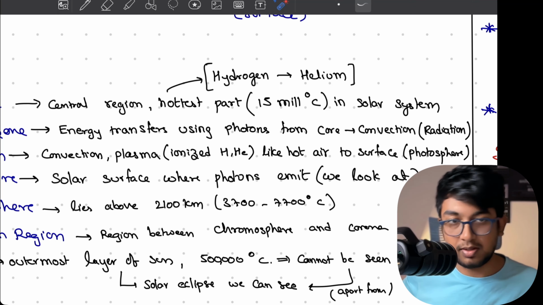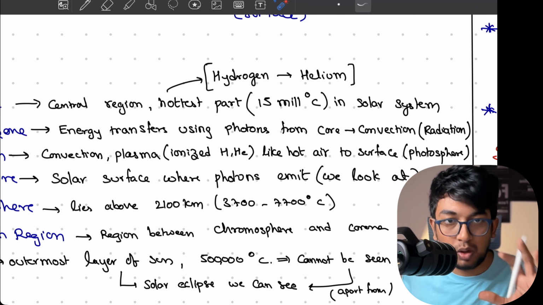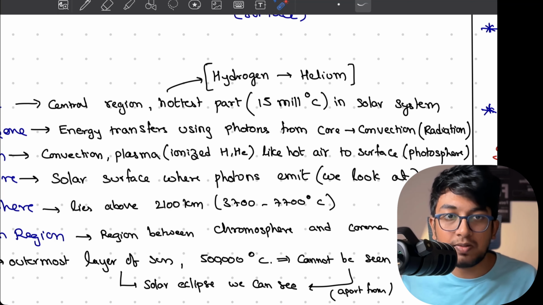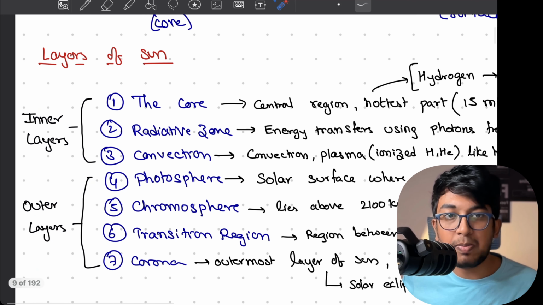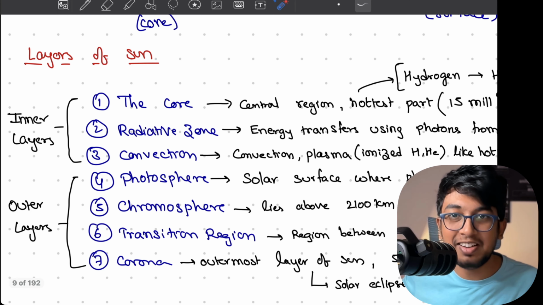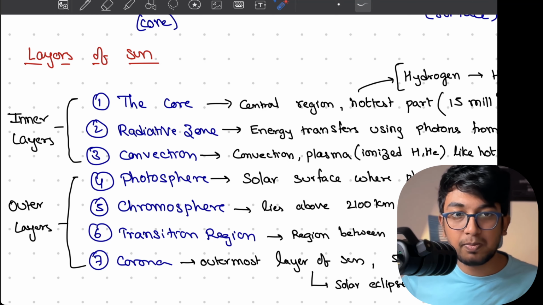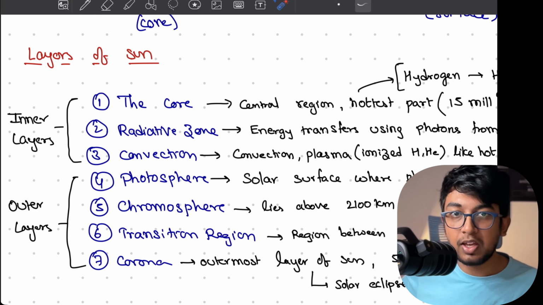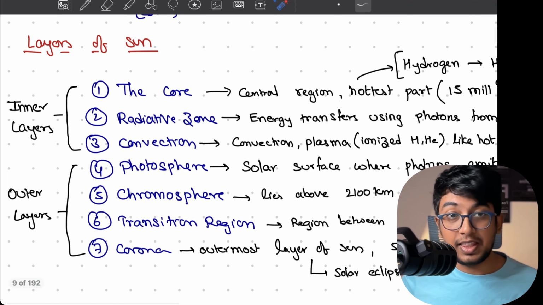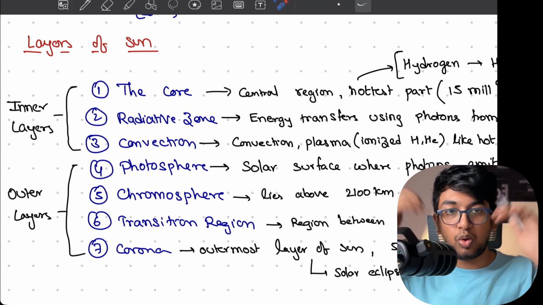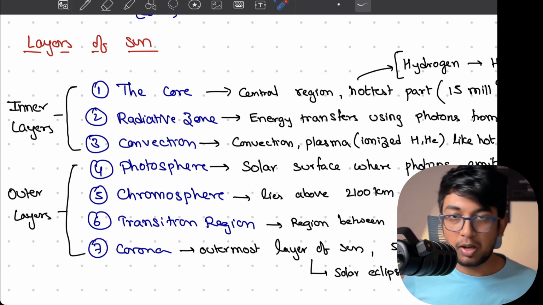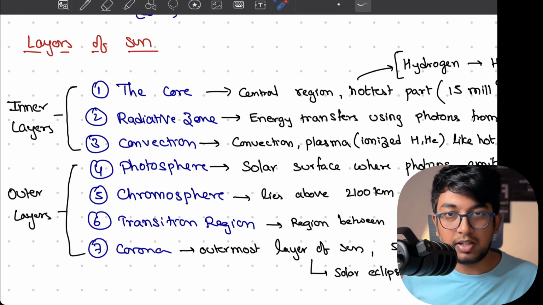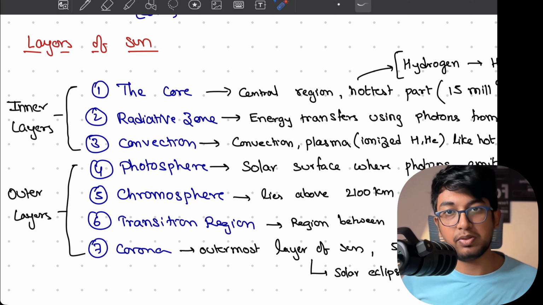In our solar system, the core is the only part where hydrogen converts to helium. If there is some other part, then that becomes one more star and sun. That is the main process happening at the core of the sun. When this cuts down, then our sun starts to collapse due to gravity. We have already talked about that in the supernova situation or white dwarf, black dwarf in the previous episode.